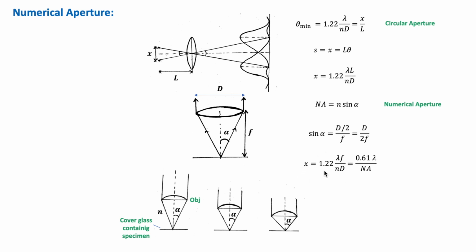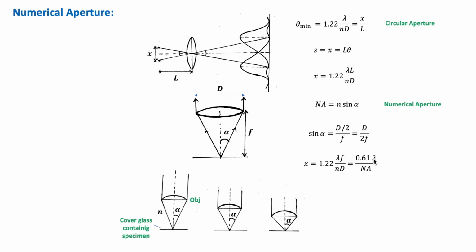And so the numerical aperture of a lens is related to the resolving power of that lens. We can increase resolution, which means we can decrease the minimum separation x between two objects for them to be resolved, by decreasing the wavelength.